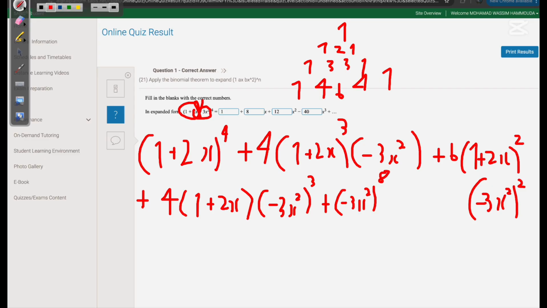First of all, let's start eliminating the terms where we would not get up to x to the 3. First, let's eliminate negative 3x squared to the power of 4.